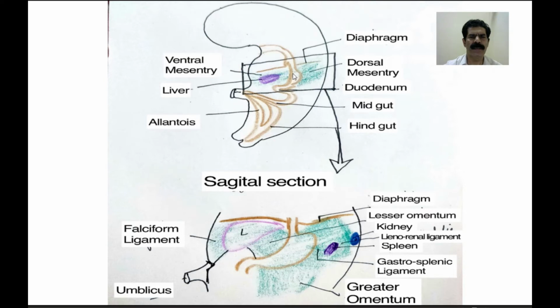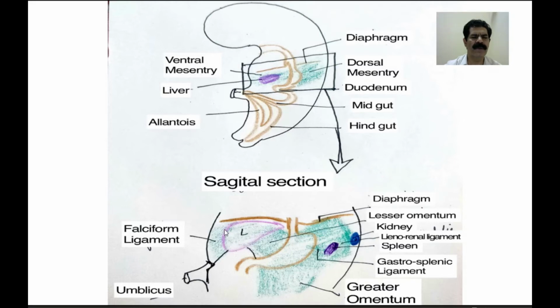So this is the stomach developing in the dorsal and the ventral mesentery. In the ventral mesentery, the liver is already developing, so there is a very small space at this point. And when the liver develops, the ventral mesentery from the lesser curvature to the liver will be called the lesser omentum, and the ventral mesentery around the liver becomes the Glisson's capsule or the visceral peritoneum of the liver.